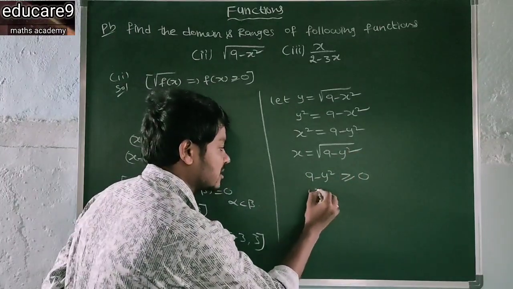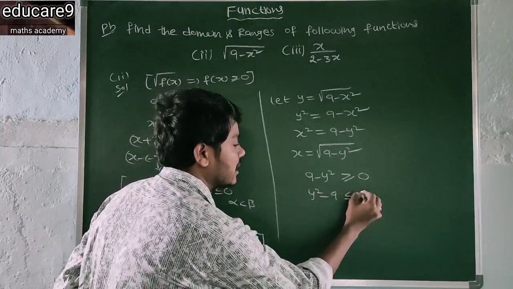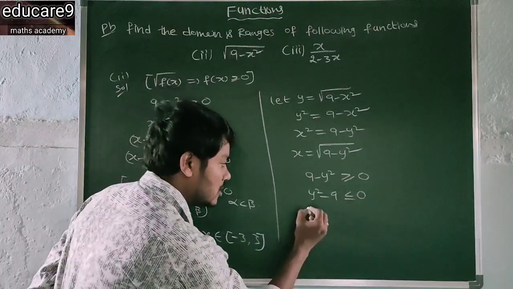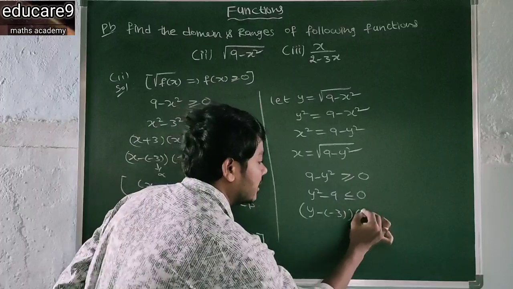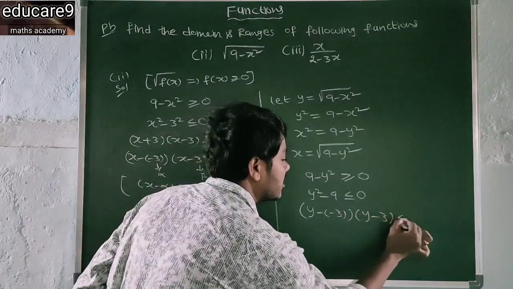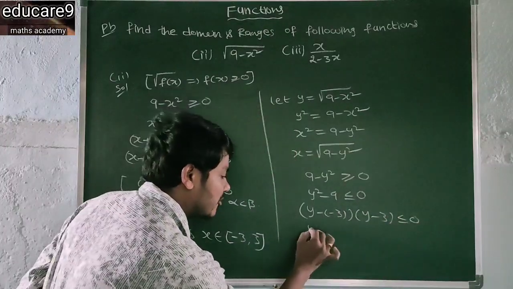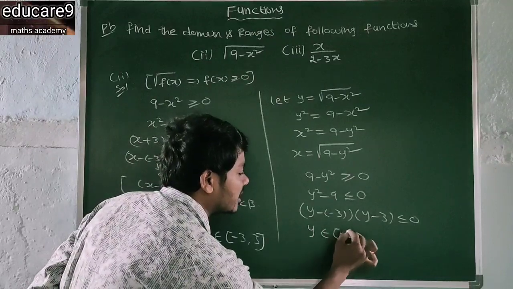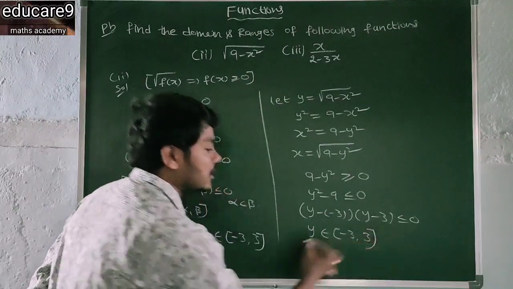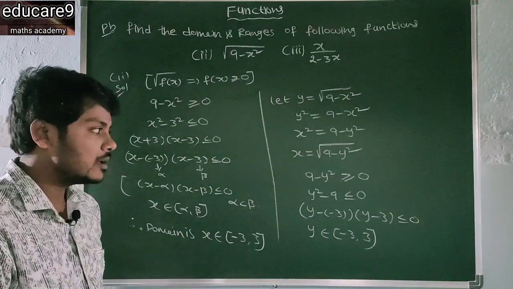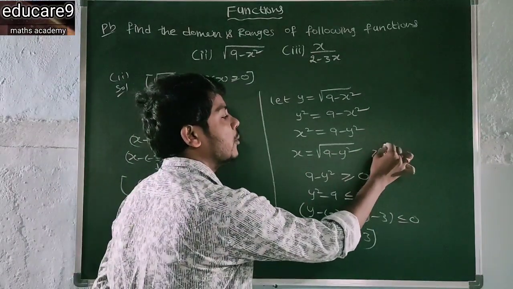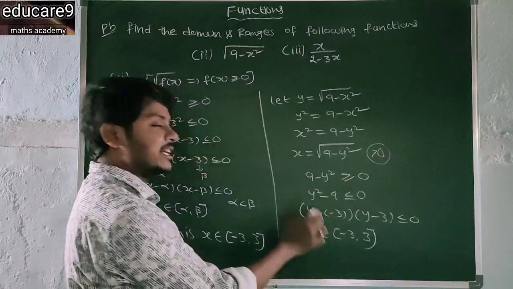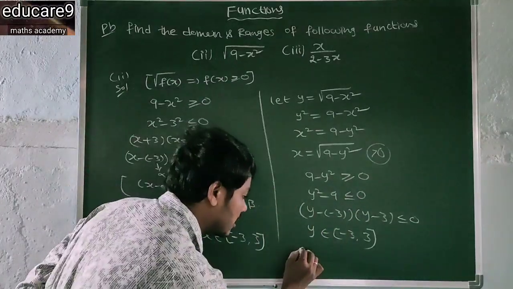So this is y square minus 9 is less than or equal to 0. So clearly this is (y minus of minus 3) into (y minus 3) is less than or equal to 0. So here y belongs to what? Closed interval minus 3 comma 3. Okay. But here root values are always positive, so consider positive values only.